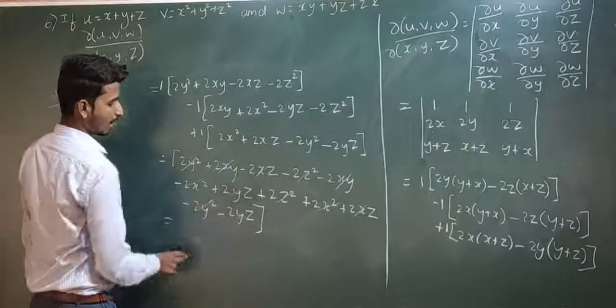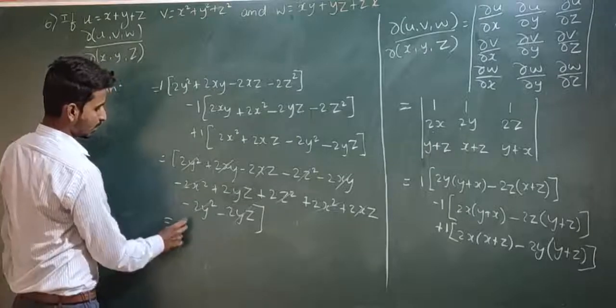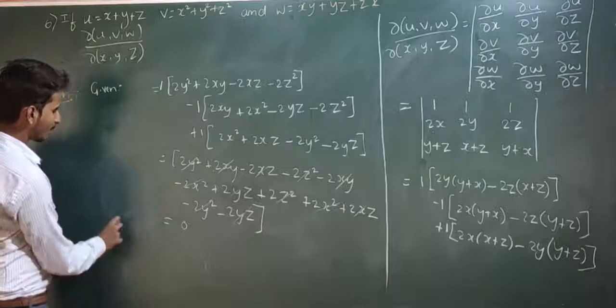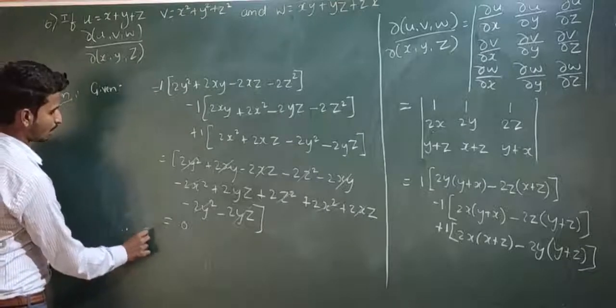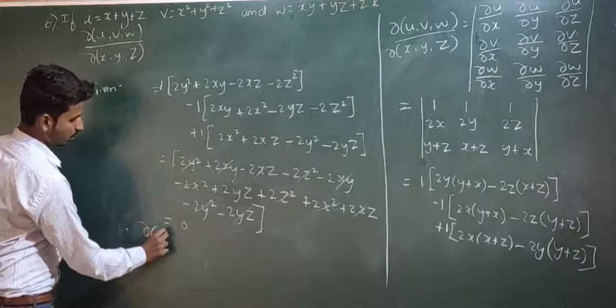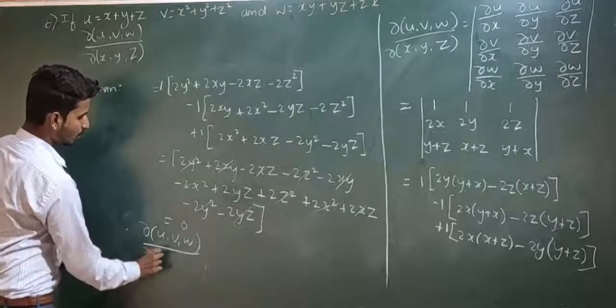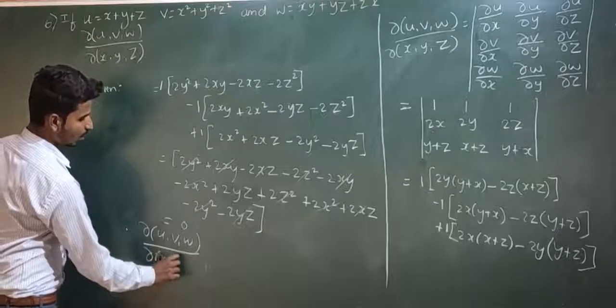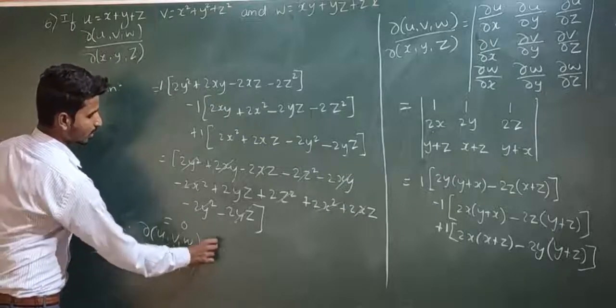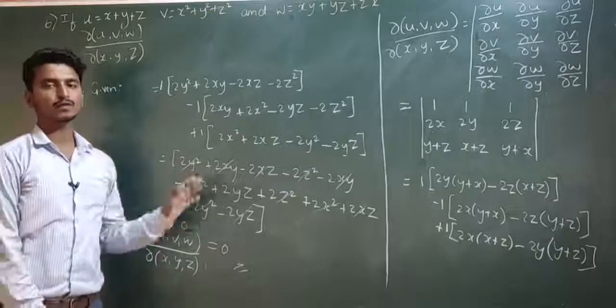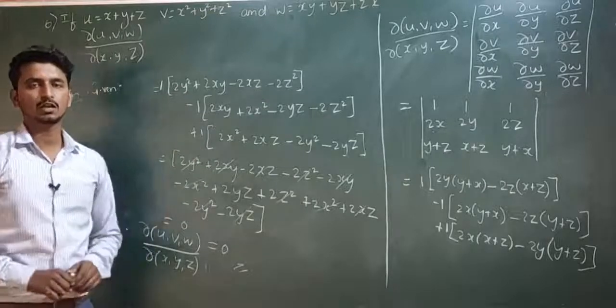Plus 2yz and minus 2yz get cancelled. Here the value of the Jacobian is 0. Therefore ∂(u,v,w)/∂(x,y,z) is equal to 0. This is the value of the Jacobian for the three functions.